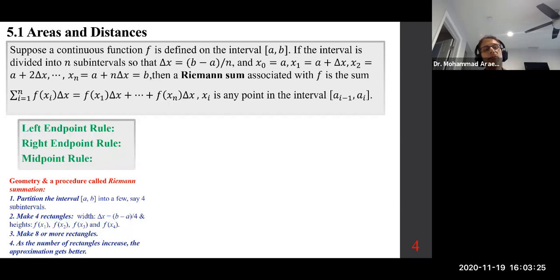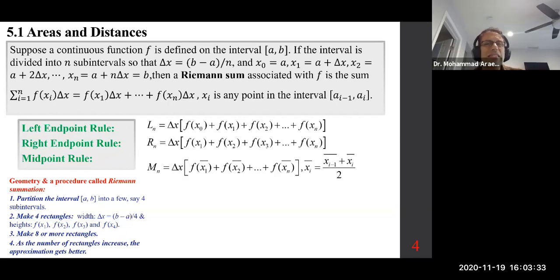We can use the left endpoints, the right endpoints, or the midpoint rules. Now, you don't have to memorize the formula. I'll show you an easy way to use this. L sub n is delta x times f of x sub 0 all the way to f of x sub n minus 1.